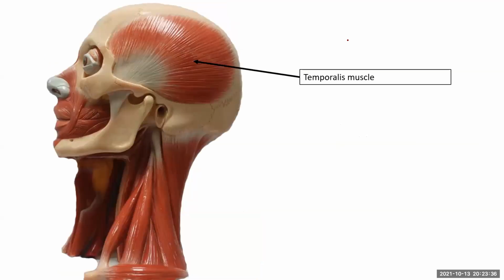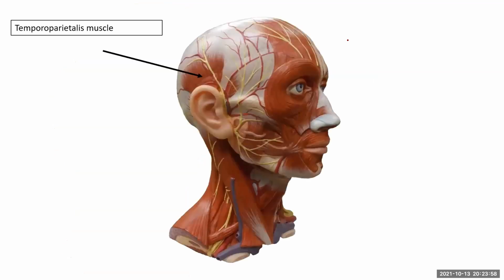All right, so on this side of our model, you can see the bone. So if we see bone, we're usually pretty deep. So this is the temporalis muscle. This is that muscle we just talked about that was part of the muscles of mastication. Helps to elevate and close the jaw, and it helps to retract or pull the jaw backwards. So that is going to be temporalis.